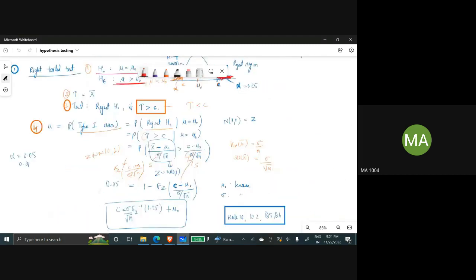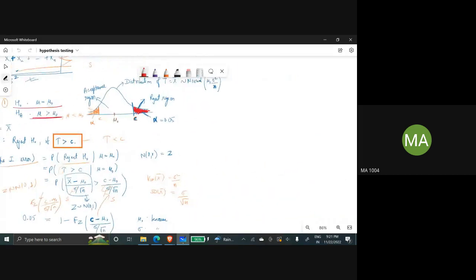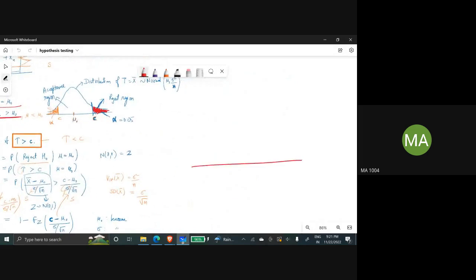If you look at this figure again, this graph is for your T, and it follows a normal distribution with mean mu, variance sigma square by n, centered around this mu naught.